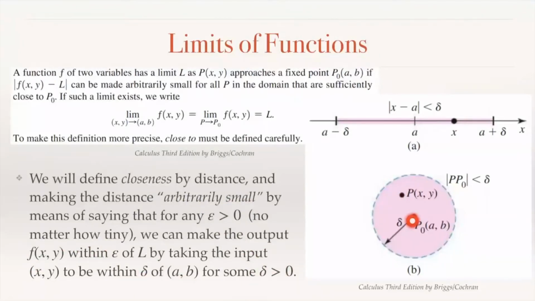So this diagram illustrates that no matter how small epsilon is around the desired limit, we can find a delta, which will itself be arbitrarily small, such that for all x,y within the disk around the point p naught, the output of f of x,y will be within epsilon of the limit L.